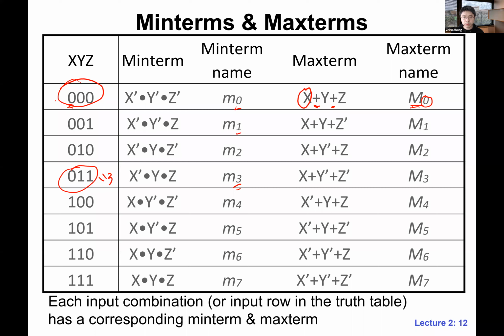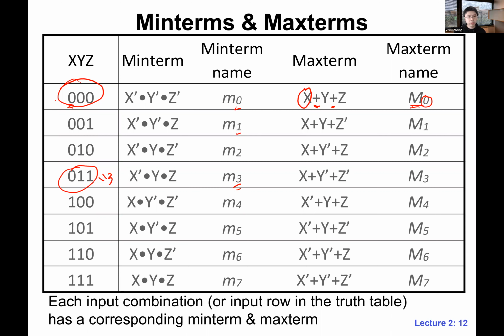For minterms, given a specific input combination, out of these 8 minterms, 1 and only 1 of them will become 1. But for maxterms, it's the opposite, and exactly 1 of them will be 0. We'll see why this makes sense pretty soon.